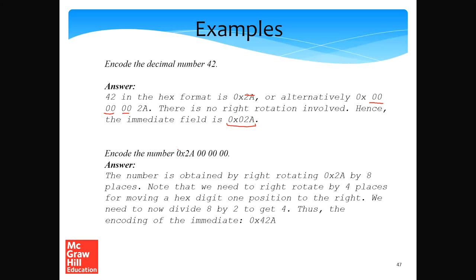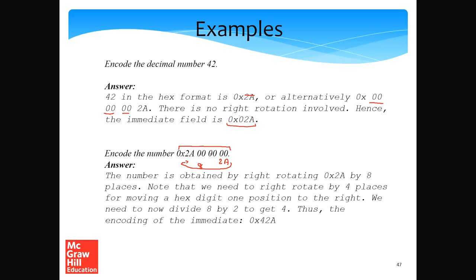Now let's encode the number 0x2a000. The number is obtained by right rotating 0x2a by 8 positions. The intuition is that to move one hex digit it takes 4 right rotations.